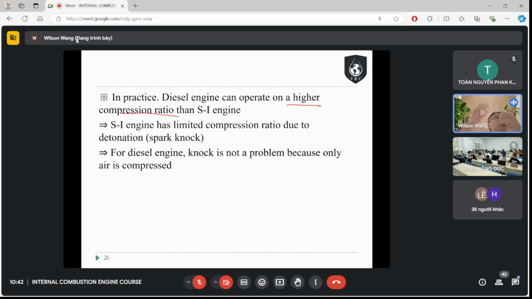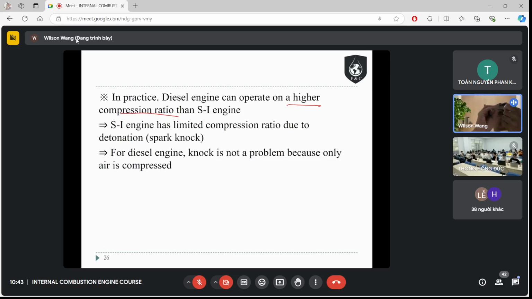But diesel fuel has no problem with that. Higher pressure is fine, and we want a higher cetane number because we want it to auto ignite. So it has no problem with auto ignition. Even we want it to auto ignite.